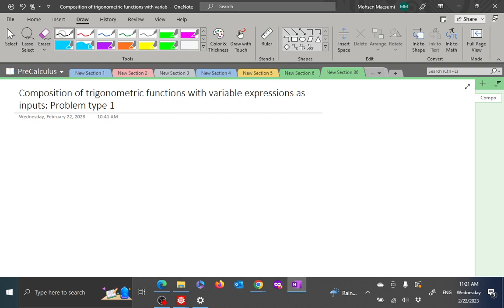For example, if you want to take sine of sine inverse of x, I'm writing a table so it looks a bit odd at the beginning. Sine of sine inverse of x, an angle whose sine is x. What is the sine of it? Well, just x. What is the sine of cosine inverse of x? From the exercises we did, it turned out to be radical 1 minus x squared.